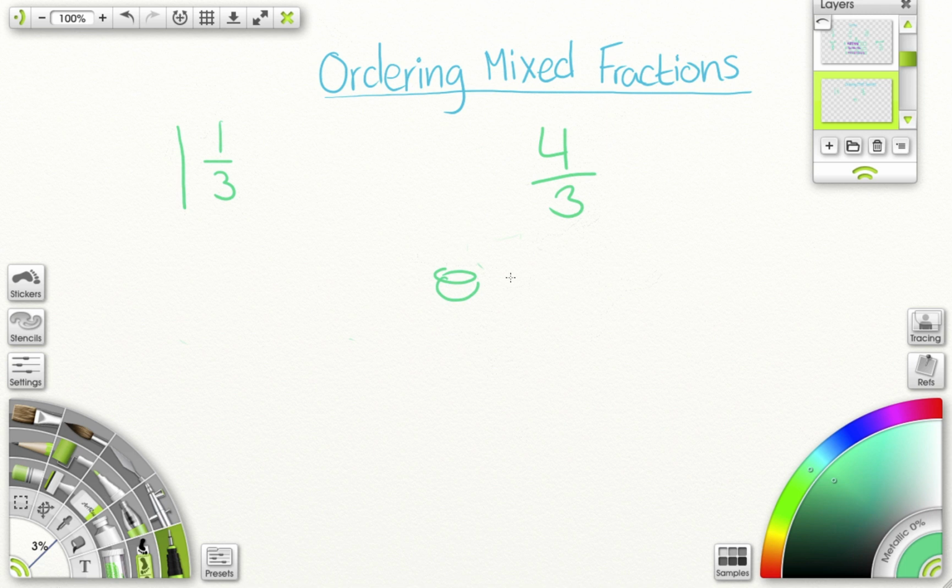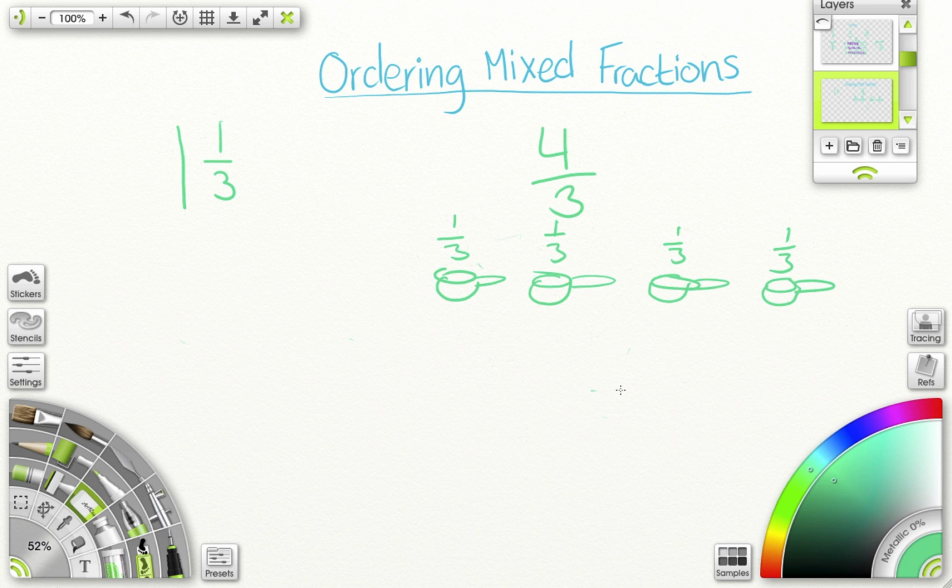1, 2, 3, 4. So each one is 1/3 of a cup of flour. So let's just say these are each 1/3. So if I added all these up together, I have to add all these ones up together, which gives me 4, and then my bottom number stays the same, so 3.